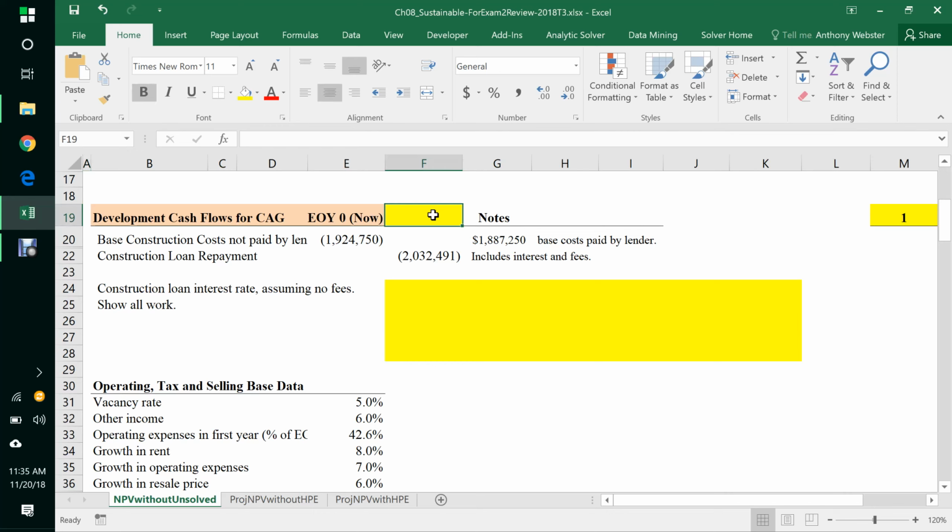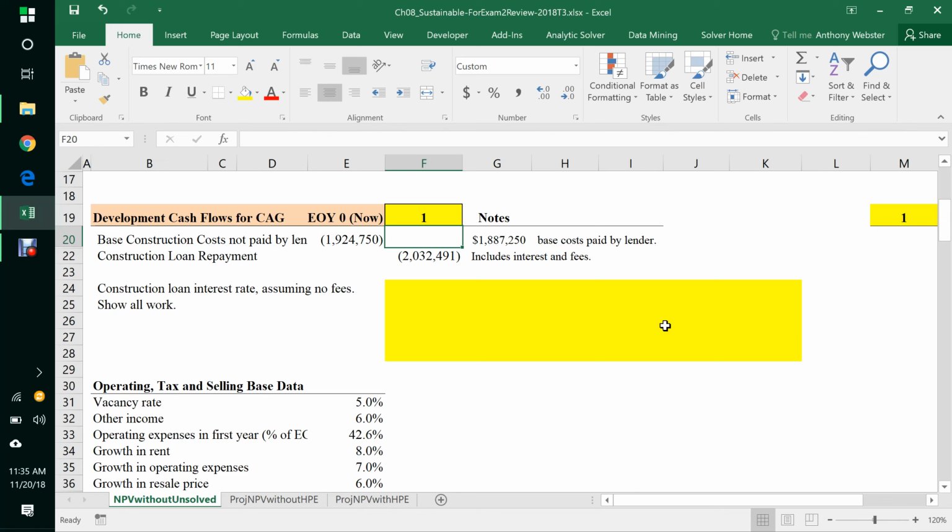So first thing I'm going to do here is set up, this is going to be end of year 1, end of year 0. Clearly, in this case, development takes 1 year, right? Because you never pay back the lender on a construction loan until the development is done, right? So, or you're going bankrupt or something, which we hope is not going to happen, okay?